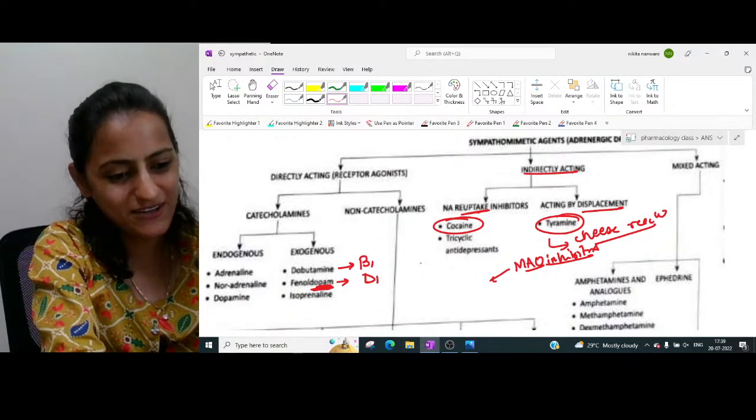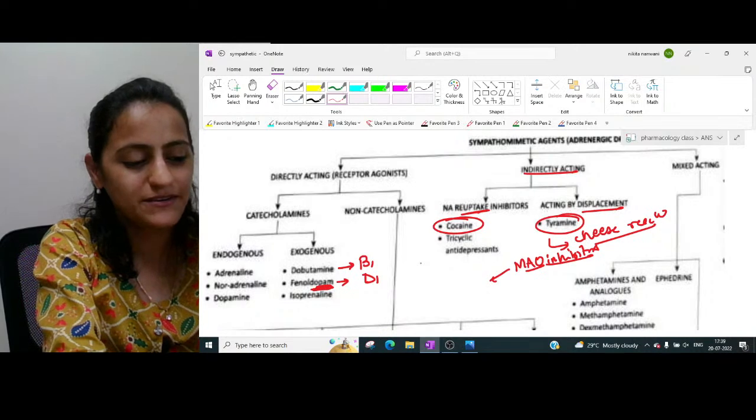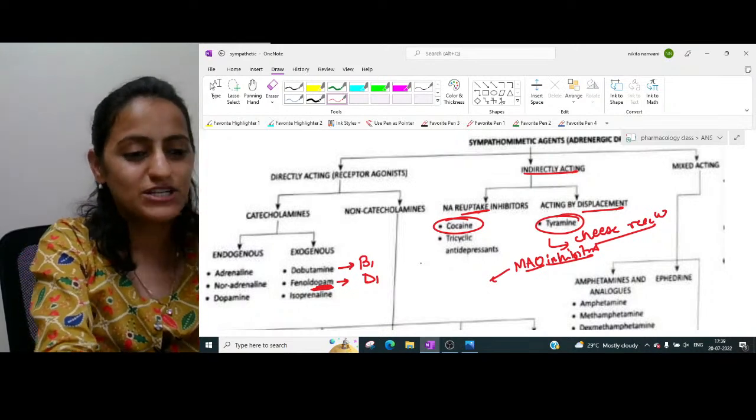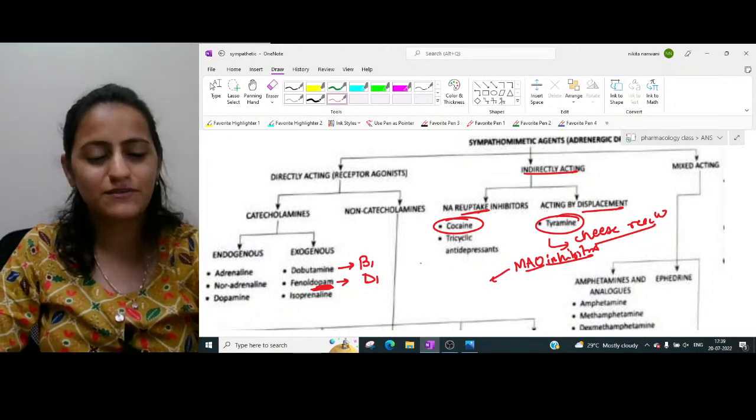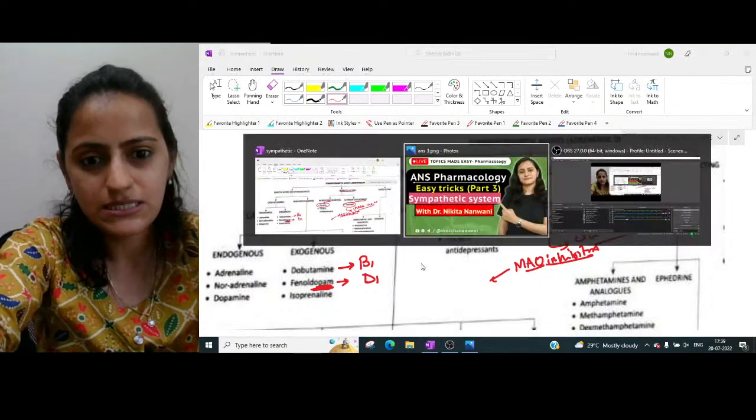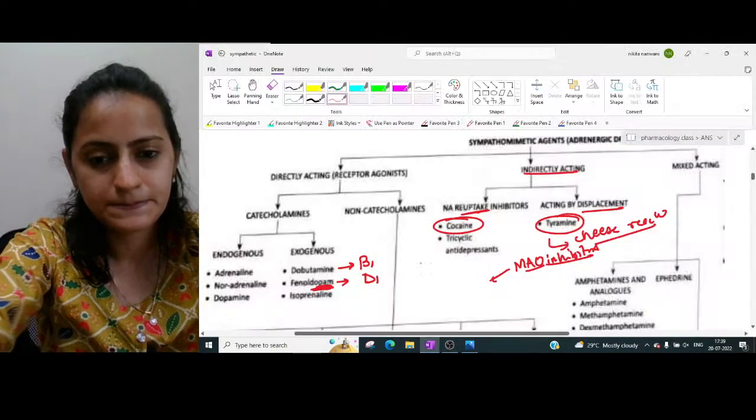Yes, very good, Anjana. That is linezolid, which has MAO inhibitory action.